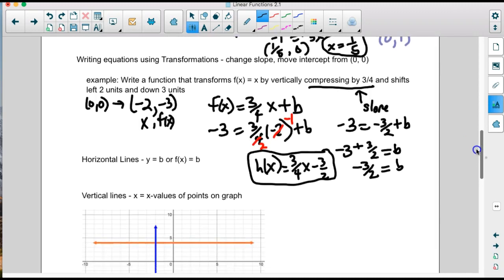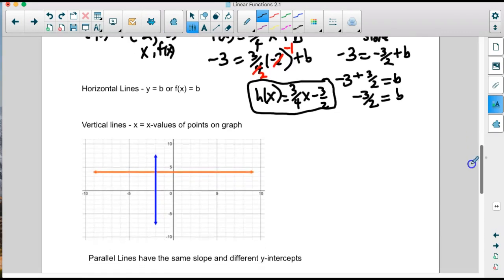Alright, moving on to the next topic here. You're going to need to know how to write equations of horizontal and vertical lines. Horizontal lines are f of x equals the number b, the y-intercept, and the vertical lines are x equals the x values on the graph. So in this case, let's look at the horizontal line first.